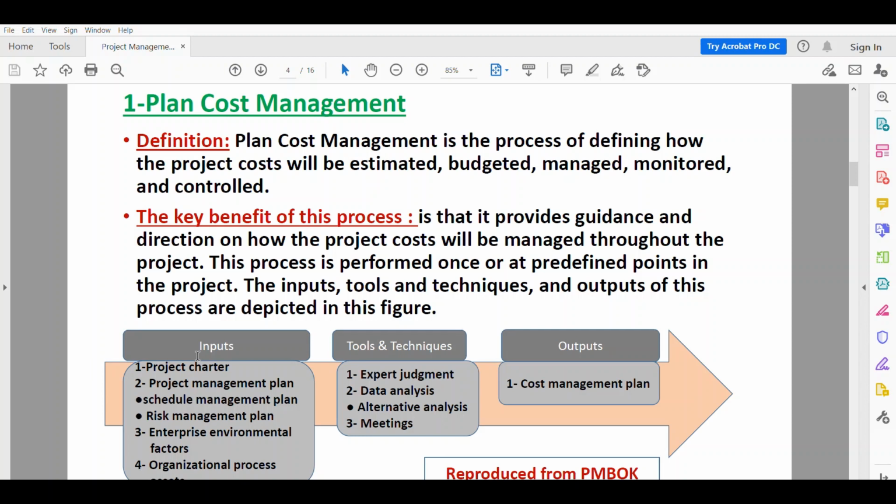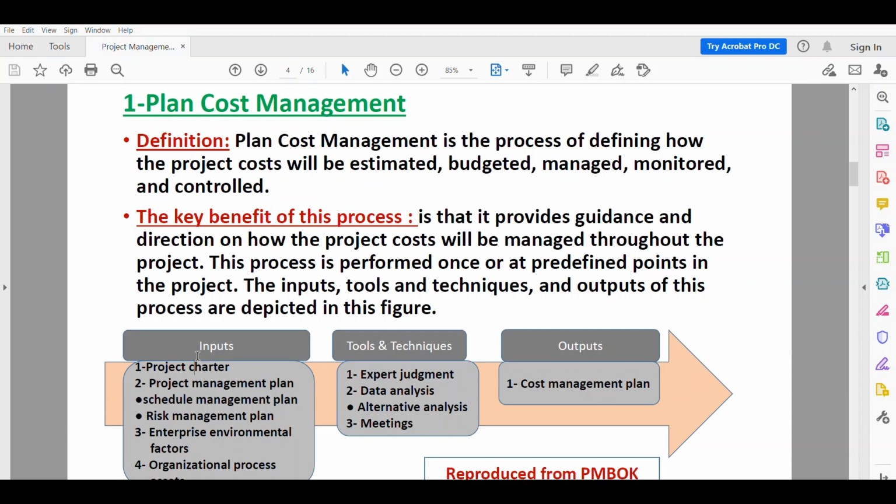The third input is the enterprise environmental factors, and the fourth one is the organizational process assets. Tools and techniques: the first one is expert judgment, the second is data analysis, and the third is meetings, and the output is the cost management plan.